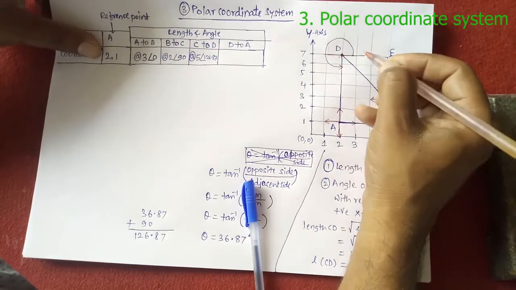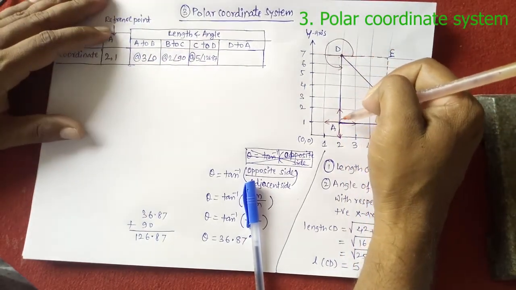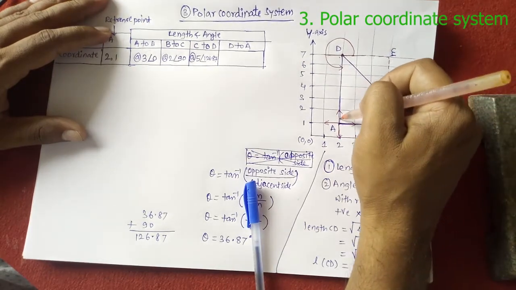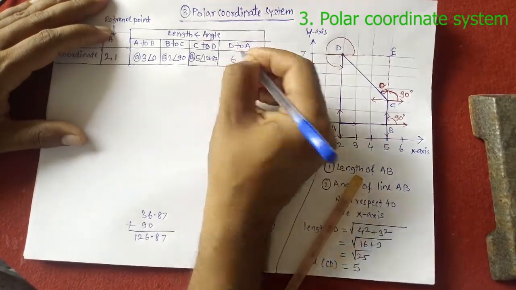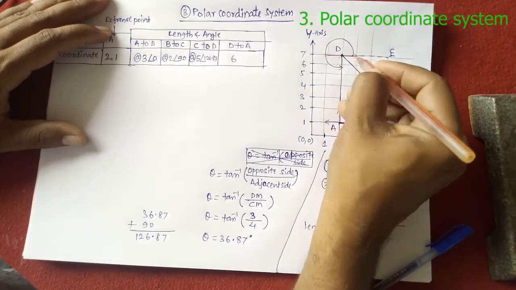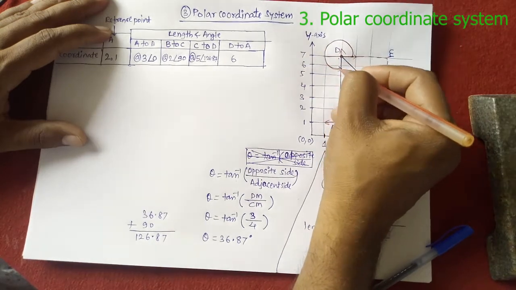First of all we will calculate the length of this line. The length of this line is 1 unit, 2, 3, 4, 5 and 6 units. So write down 6.